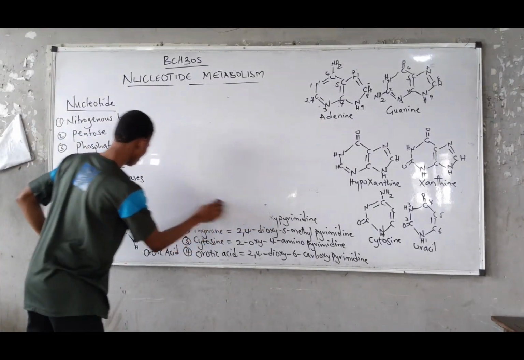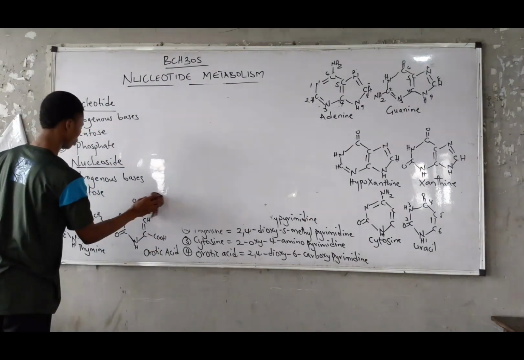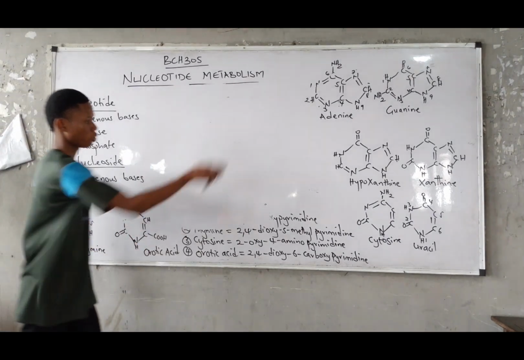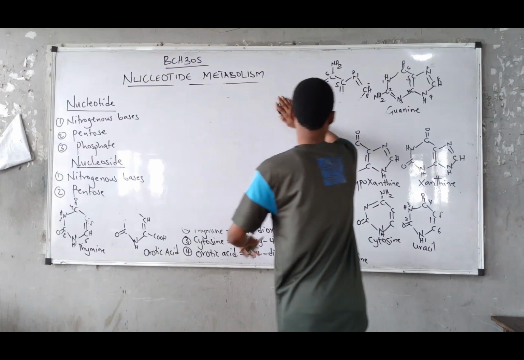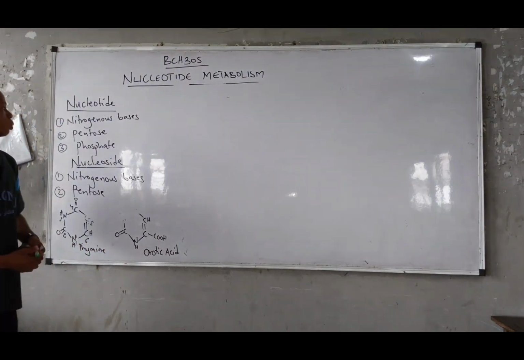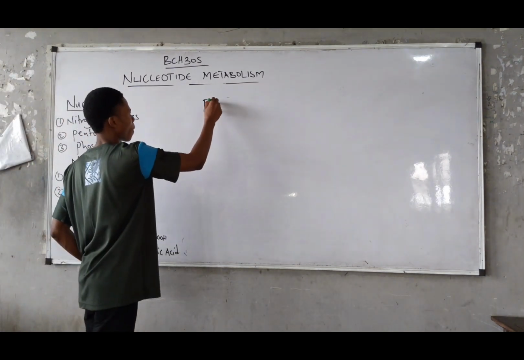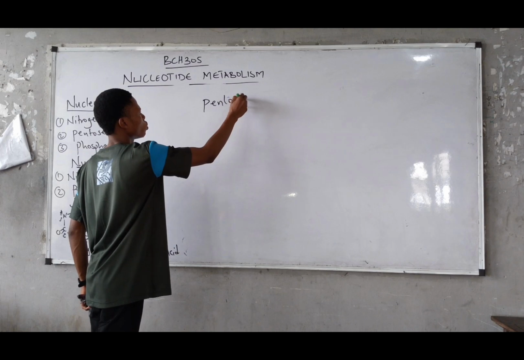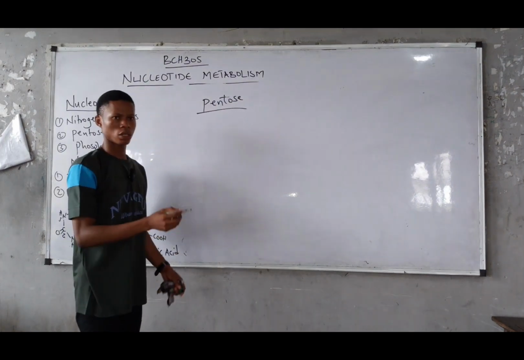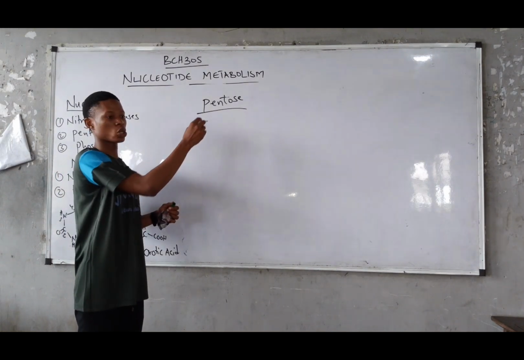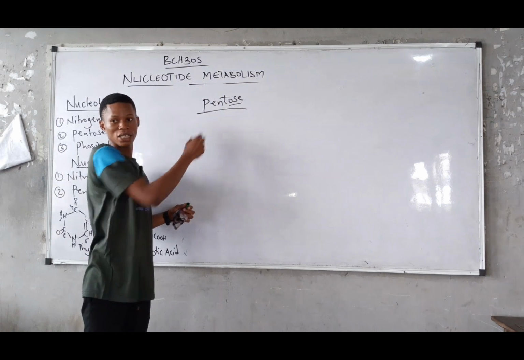Let me clean this. Hope we've written this right. Alright, now for the pentose, of course you know by now that a word ending with "ose" in biochemistry is a sugar, right?